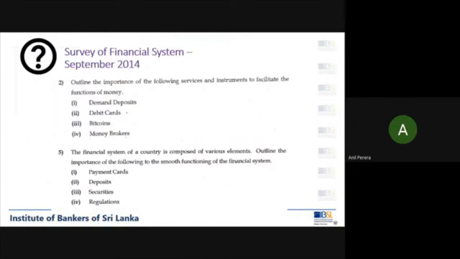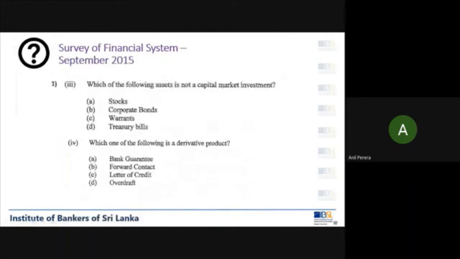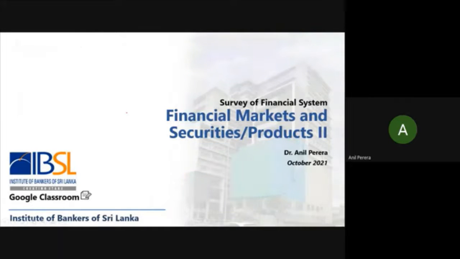These questions are not in the slide set. So I'll just read some of the questions for your benefit. Then you can take a note if you want, or if you have the paper with you, you can just turn the paper.